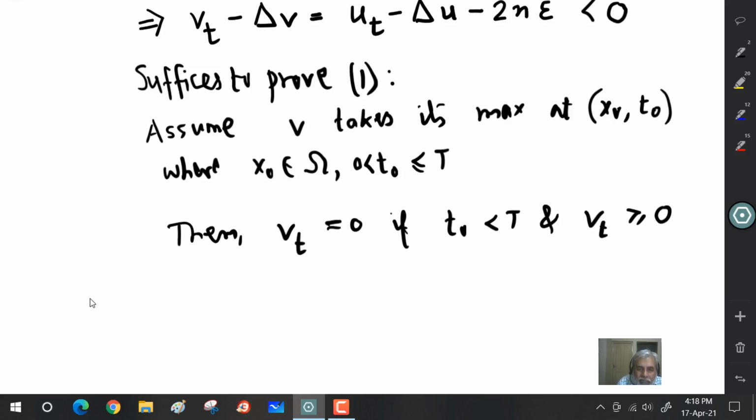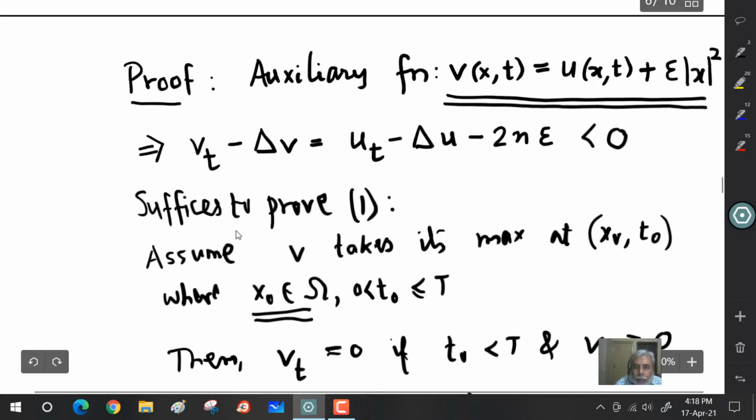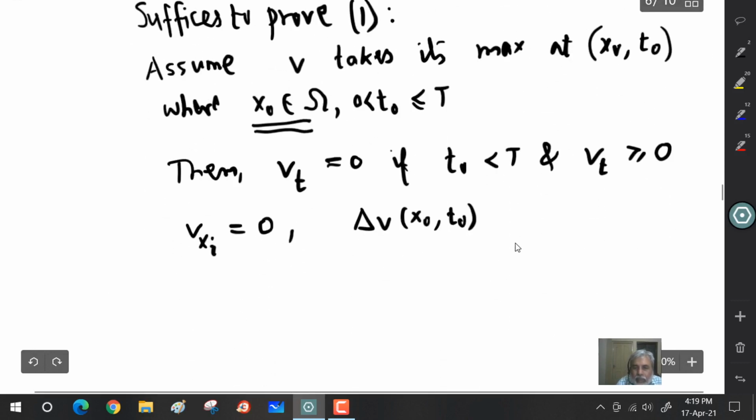Since this is an interior point, we get that all the v sub xi are 0, and for the Hessian, let me write the Laplacian of v at x0 t0, since it's a maximum, this is less than or equal to 0.